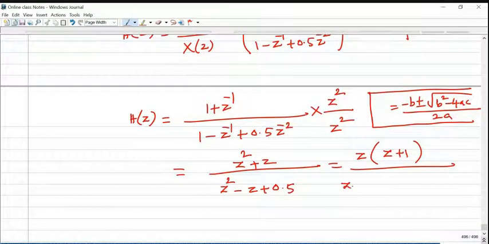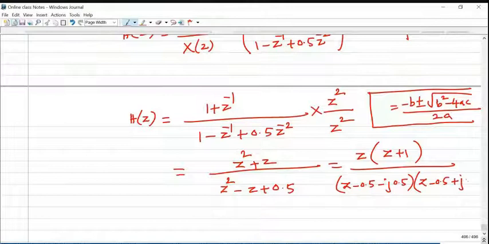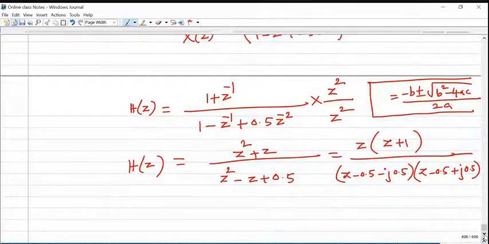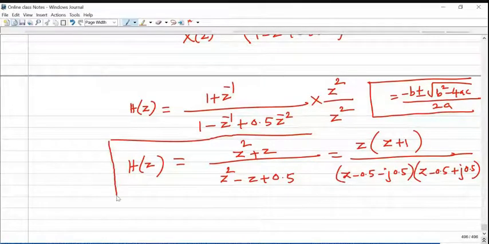You will get (z minus 0.5 minus j 0.5) and (z minus 0.5 plus j 0.5). So these are the roots of your denominator. Any problem given, to find stability, to find the transfer function, this is your result. Up to this, your result is over.